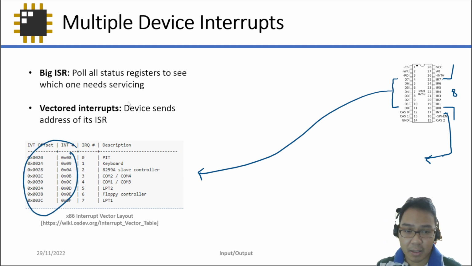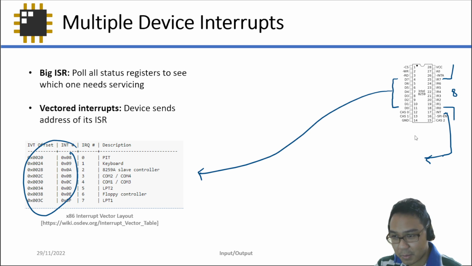It can compare that with those spots, and then get an address for the interrupt service routine, which it is then able to branch to. That's what vectored interrupts are, and that's how the x86 architecture used it. It's a pretty good method of doing it.